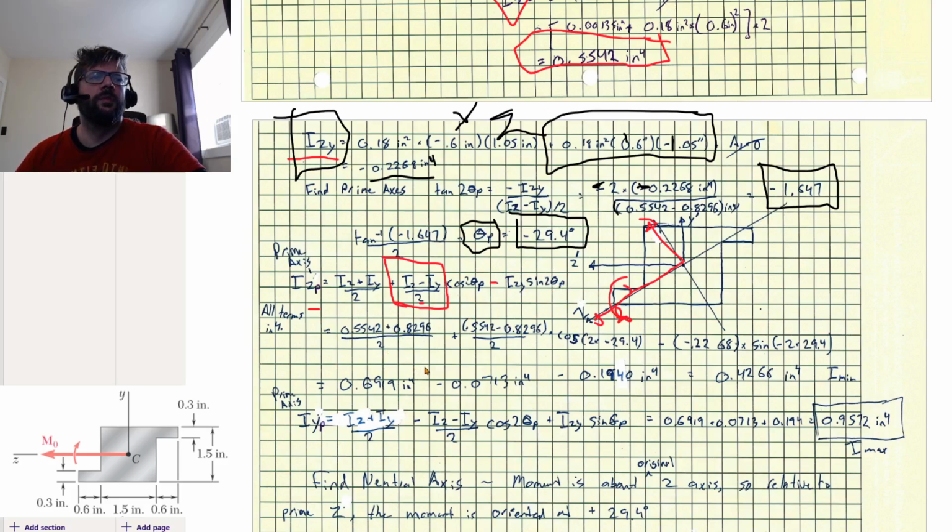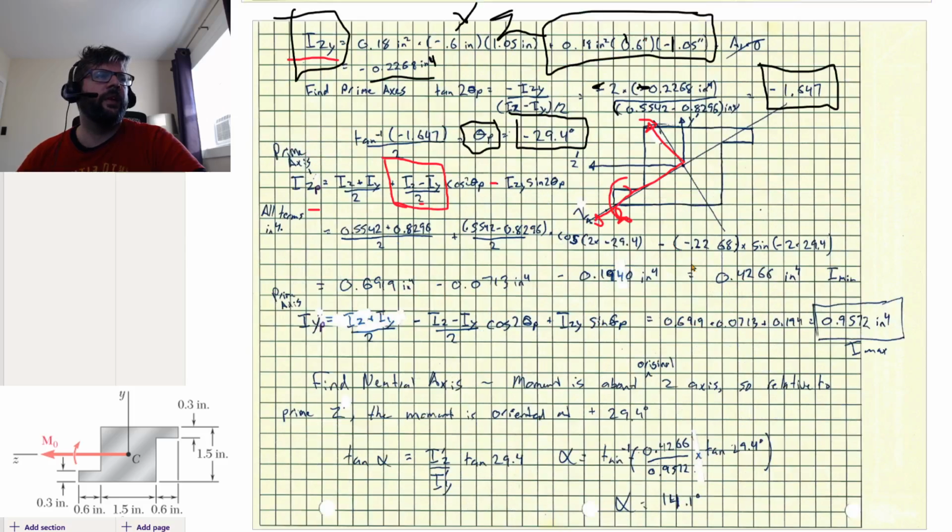Plugging in values here, I'm not going to talk too much about that. We end up getting a value of 0.4226 inches to the fourth, about this axis.